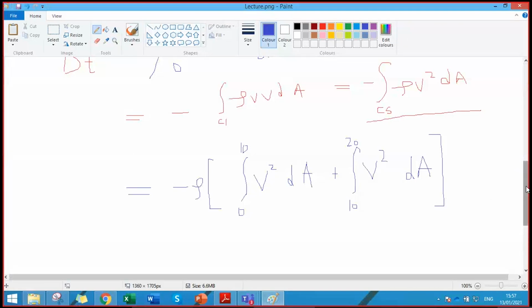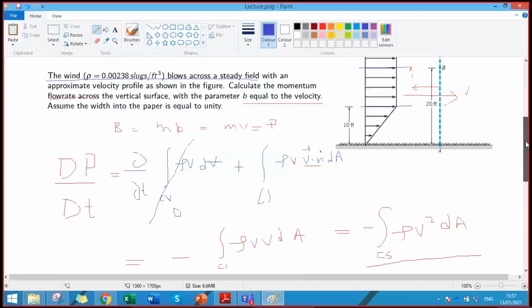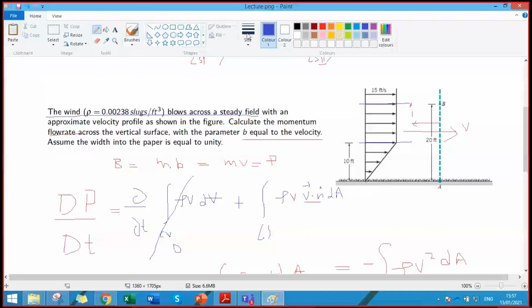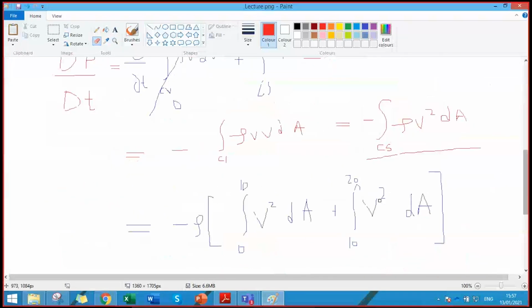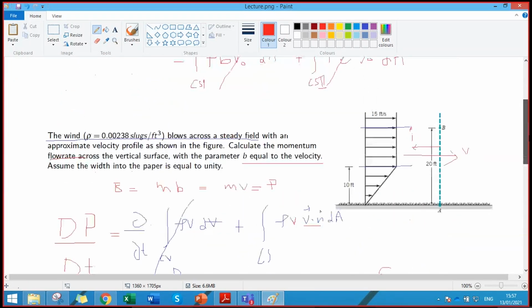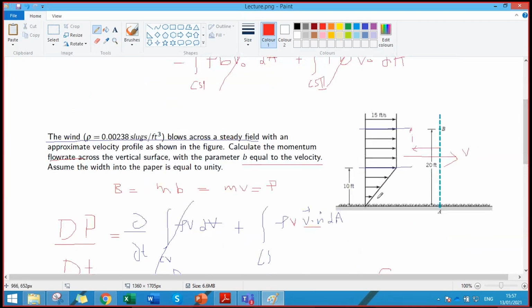From 10 to 20 feet, we know that velocity is fixed at 15 feet per second, right? So I will just replace this velocity square with 15 square. There will be no issue there. What about from 0 to 10 feet? It's a linear increase from 0 to 15 feet per second, so we need to know this function.